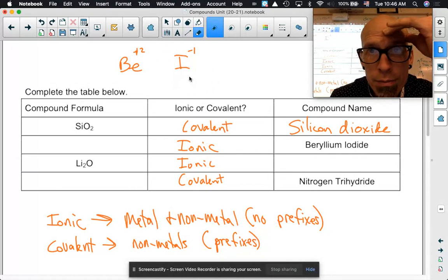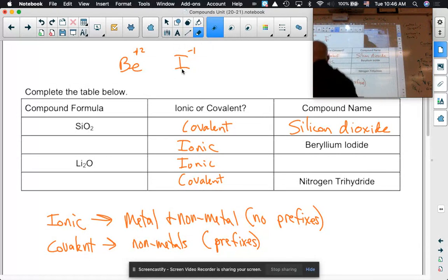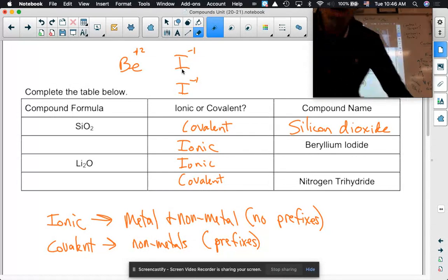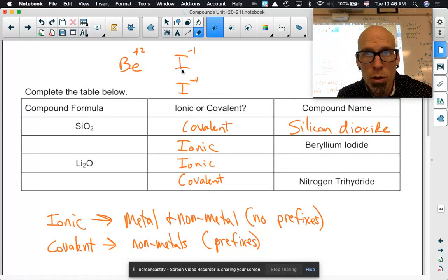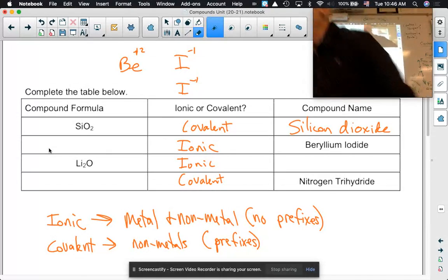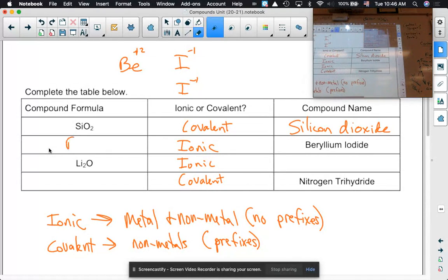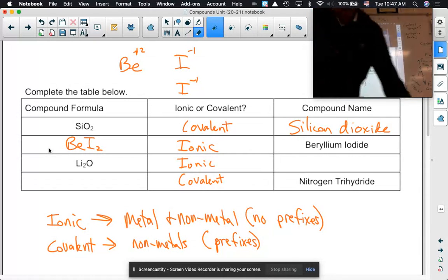You need what? 2 -1s, right? You need another -1. That means you need 2 iodines for 1 beryllium to make neutral. You need 2 -1s to balance out the charge on the +2. So it's going to be BeI what? BeI2. You need 2 of the iodines.